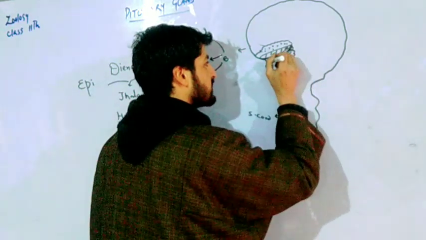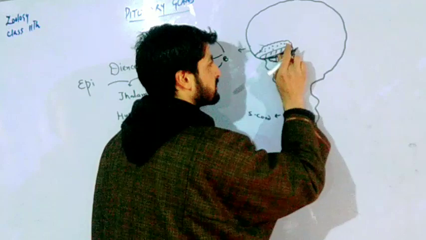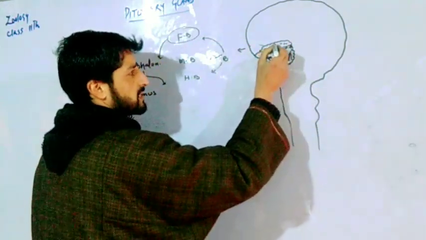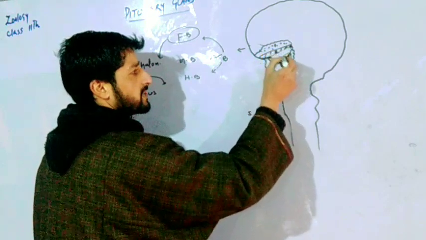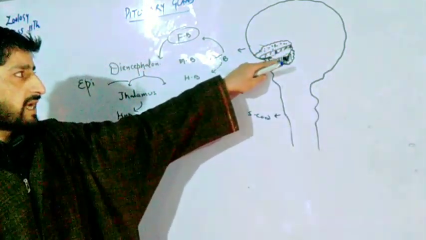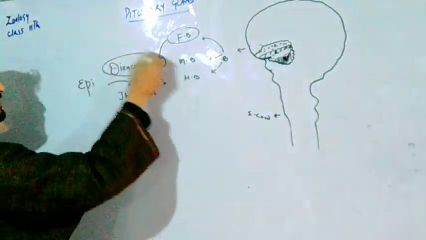That third structure we call hypothalamus. Here, first structure is epithalamus, second is thalamus, third is hypothalamus. These three structures form our diencephalon.